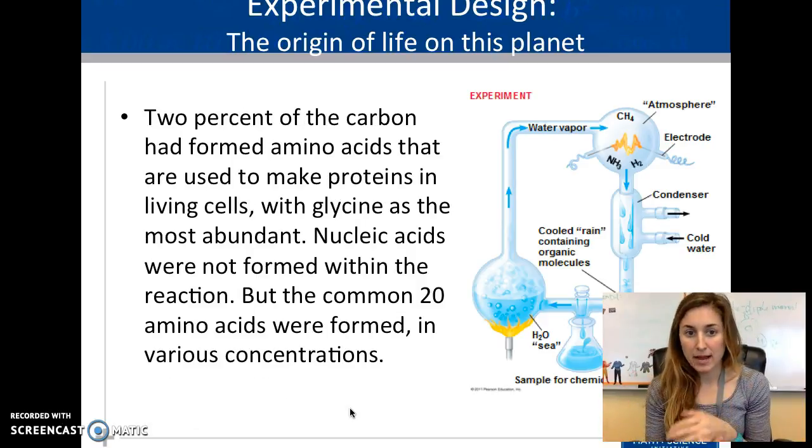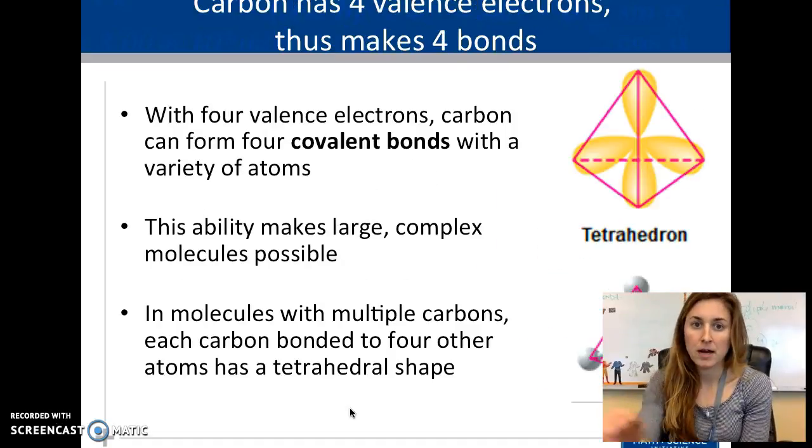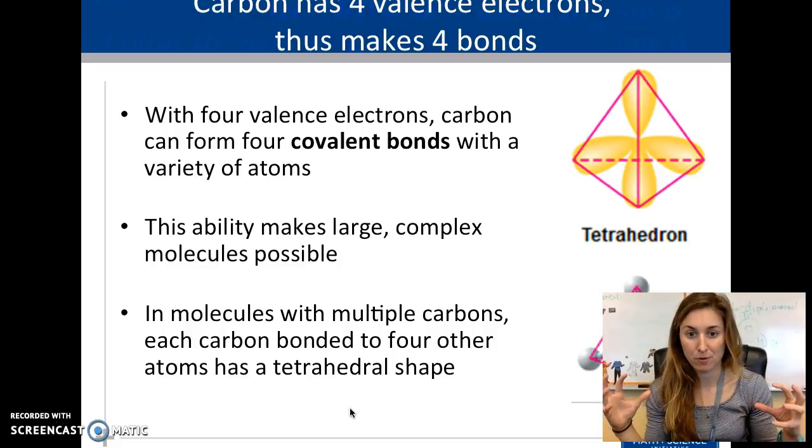They formed amino acids, glycine, proteins, but the most common 20 amino acids were formed, which is essentially how we get living things eventually. Carbon has 4 valence electrons, which means that it can bond with a variety of atoms, allowing it to make really large, complex molecules, because it can make 4 bonds that radiate out from it.